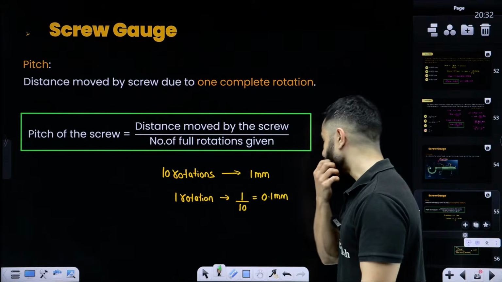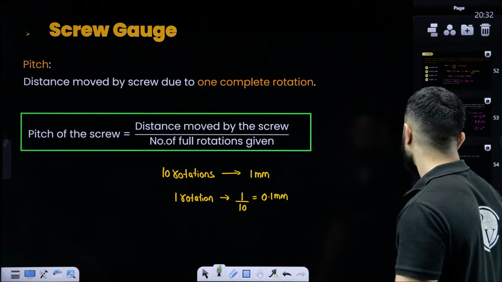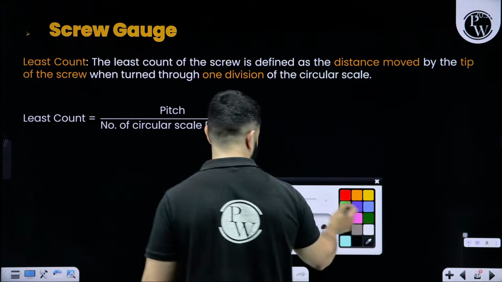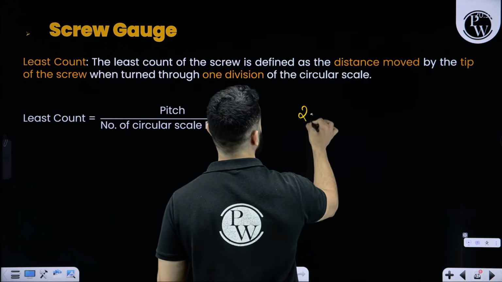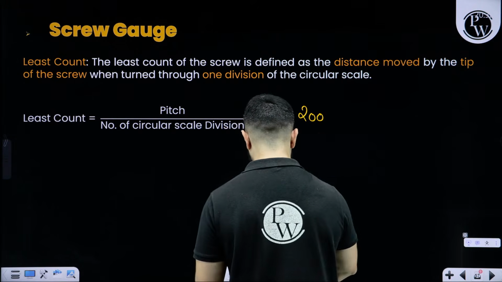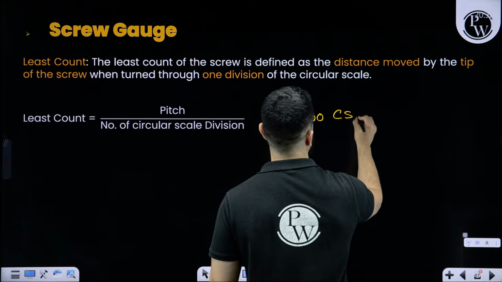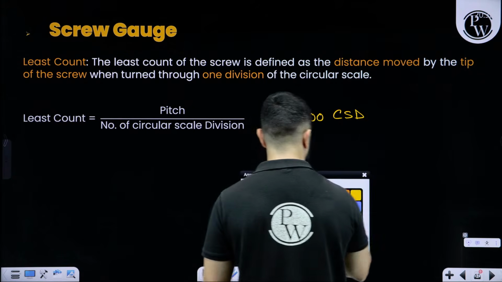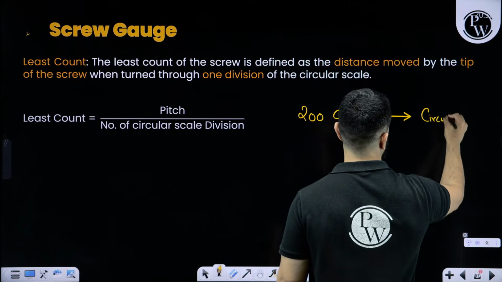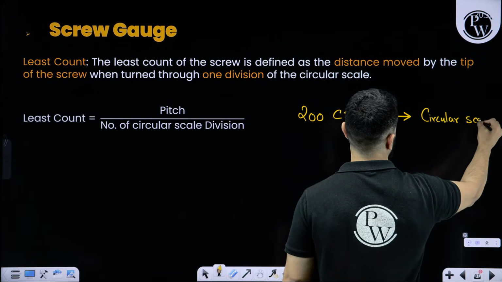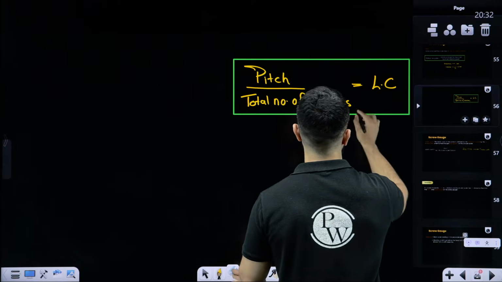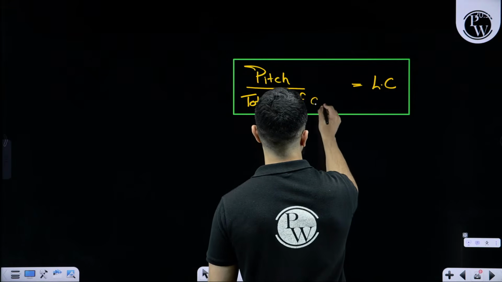Clear? Now, my dear friends, let's suppose there were 200 complete circular divisions on the circular scale. Let me rectify this, it is actually not rotation, these are total number of circular scale divisions.